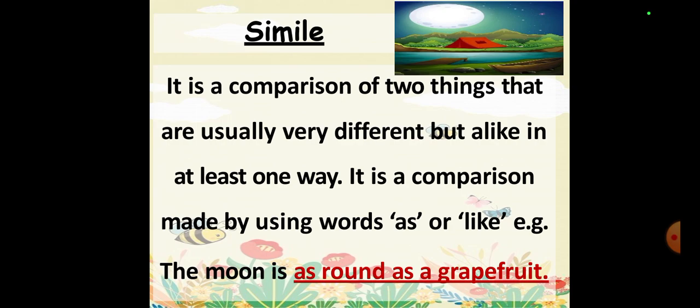You can say my sister is clever like a fox, this is also a simile, or my sister is as clever as a fox, this is also a simile. In a simile we just use the words as and like, so the usage of as and like is necessary.